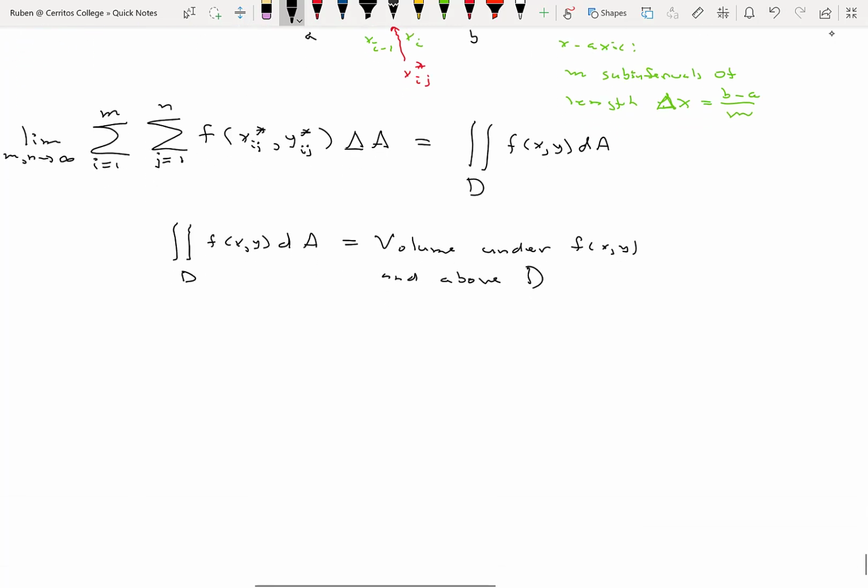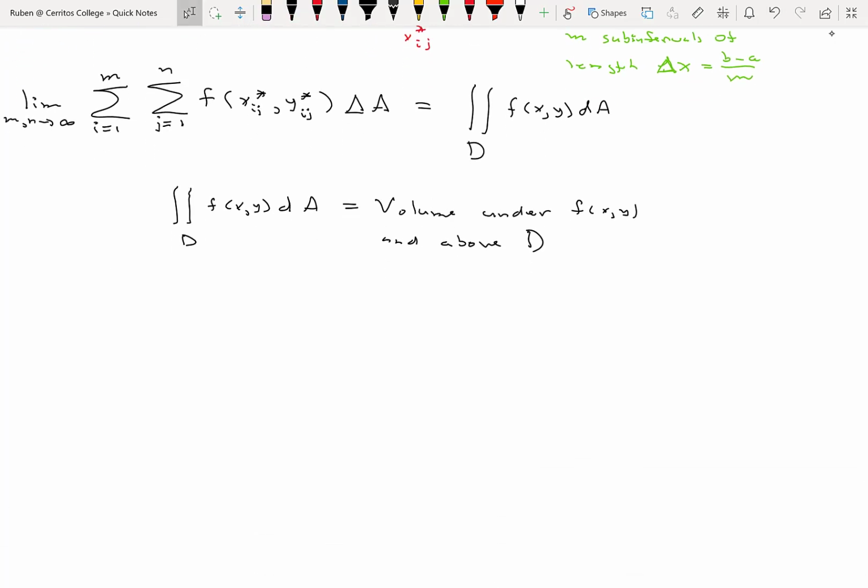Okay, this was sort of at the heart of our applications for the double integral, and we had a special case. It didn't happen real often, but we did have a special case.